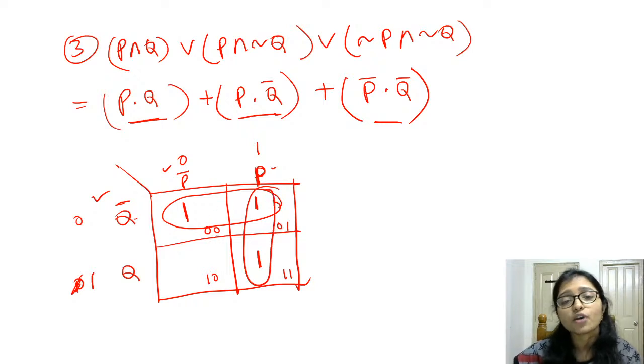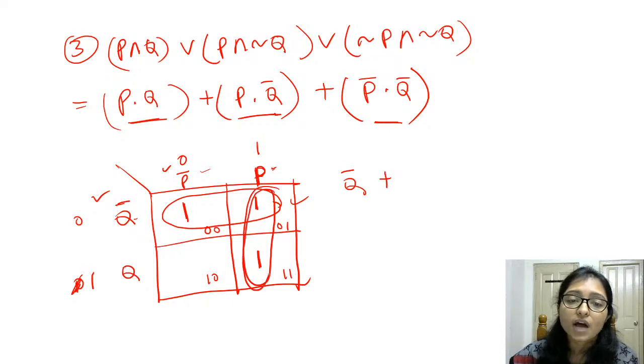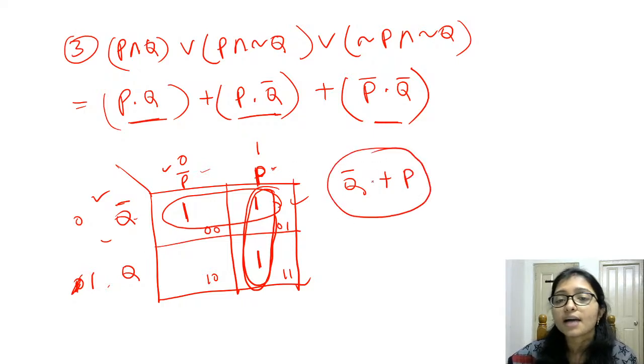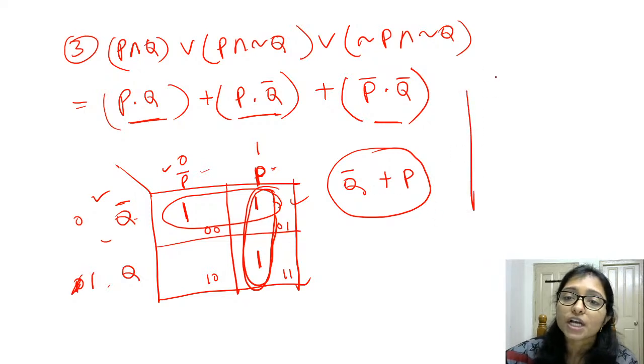So what will be your answer? From this one P bar and P will be cancelled, so Q bar will come, and from this one Q bar and Q will be cancelled, so P will come. So the ultimate result is the same, that is P plus Q bar.